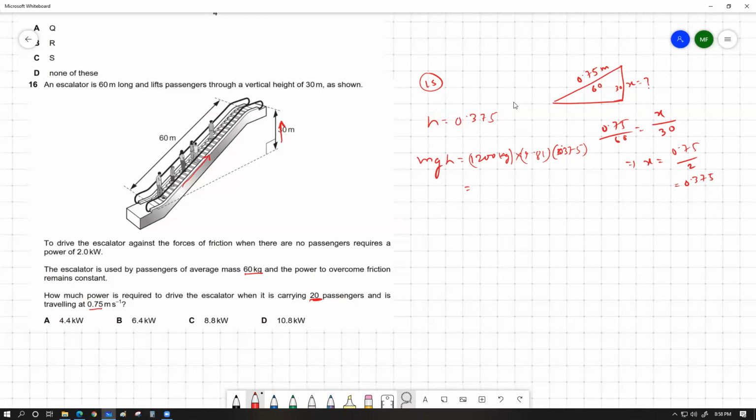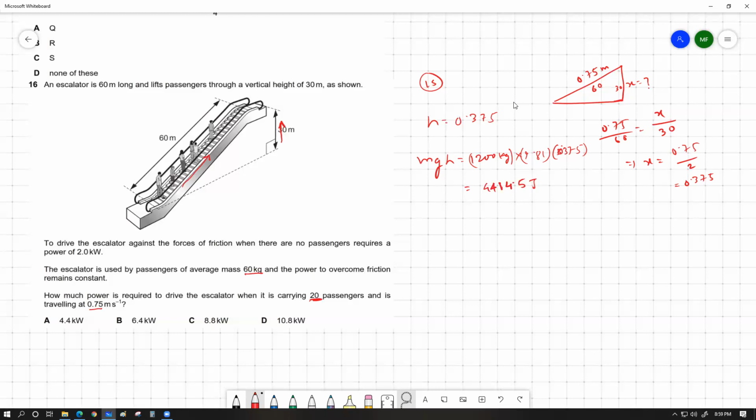4414.5 joule. So this much GP should be provided to the passengers every second. So this many joule per second is required for the passengers.